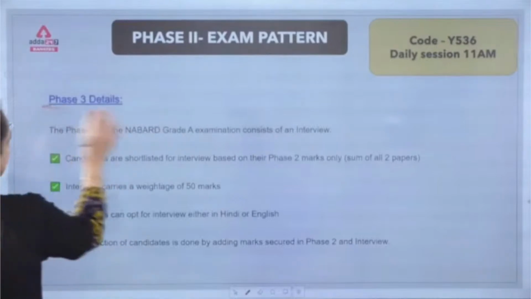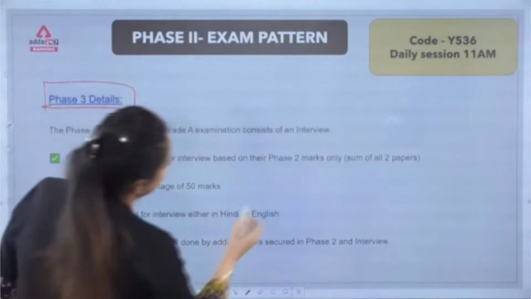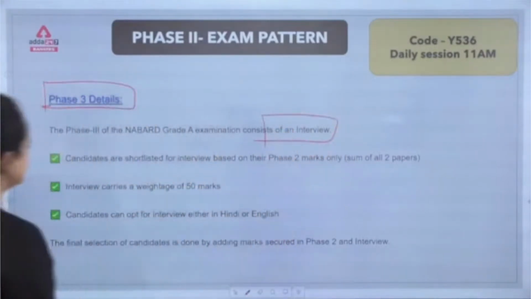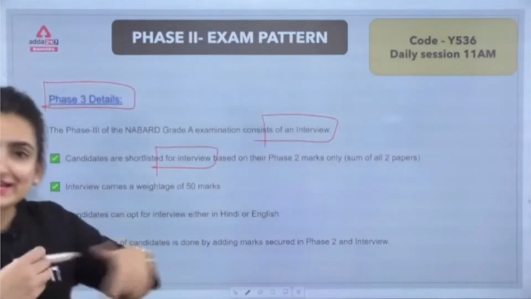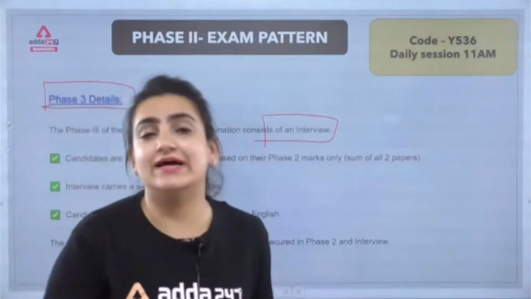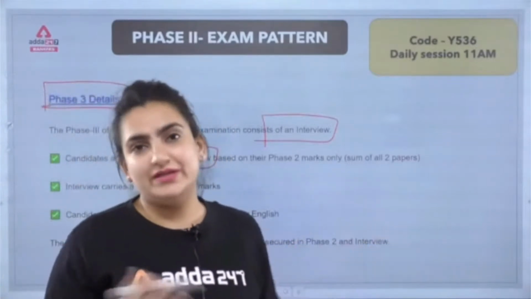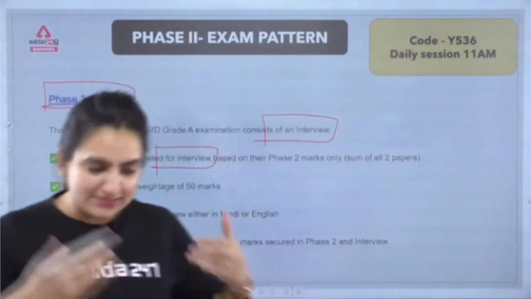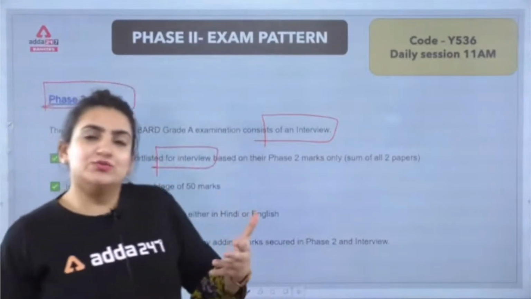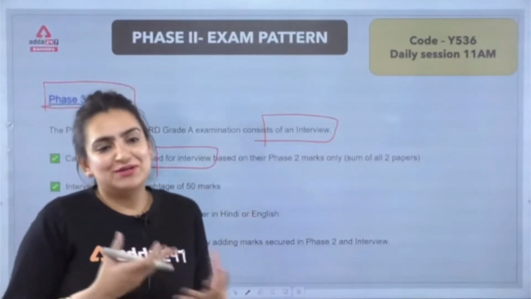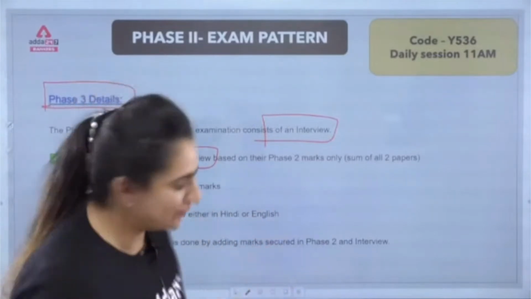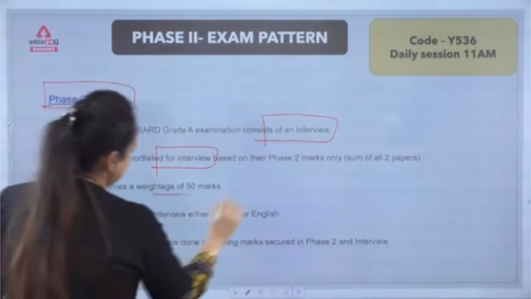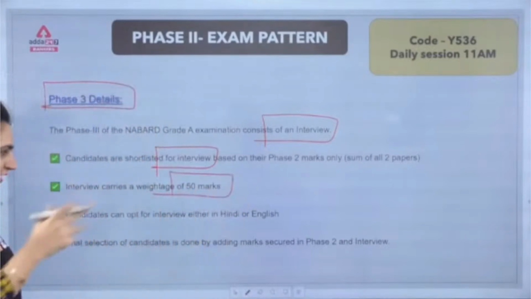Moving on to phase 3, which is your interview stage. The candidates shortlisted for the interview are based on phase 2. We are just quickly revising it because we've already done a very detailed session on the weightage of the topics. Since I was here, I thought students must be looking forward to these details, and therefore we are doing it here. This carries a weightage of 50 marks.